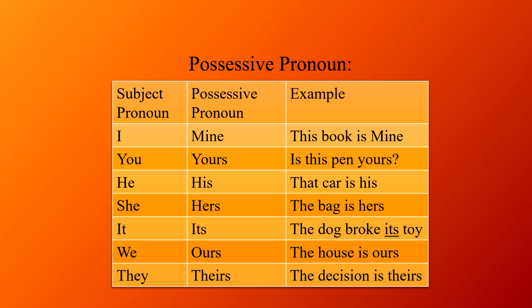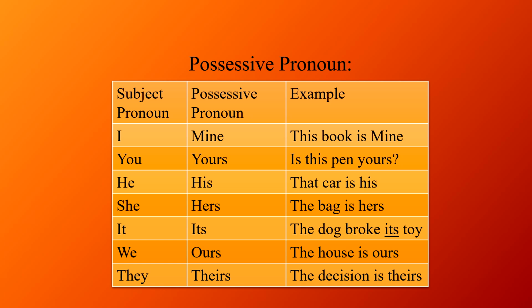His. Use his when something belongs to a male person. For example, that car is his. Hers. Use hers when something belongs to a female person. For example, the bag is hers. Its. Use its when something belongs to an animal or thing. It's less common as a standalone pronoun.